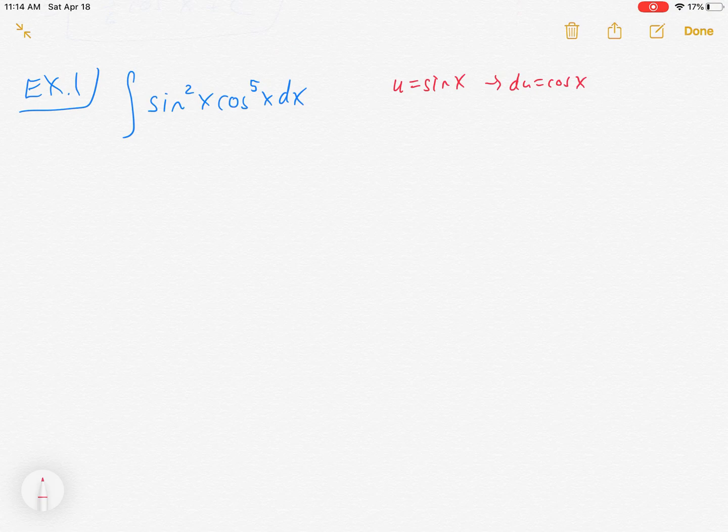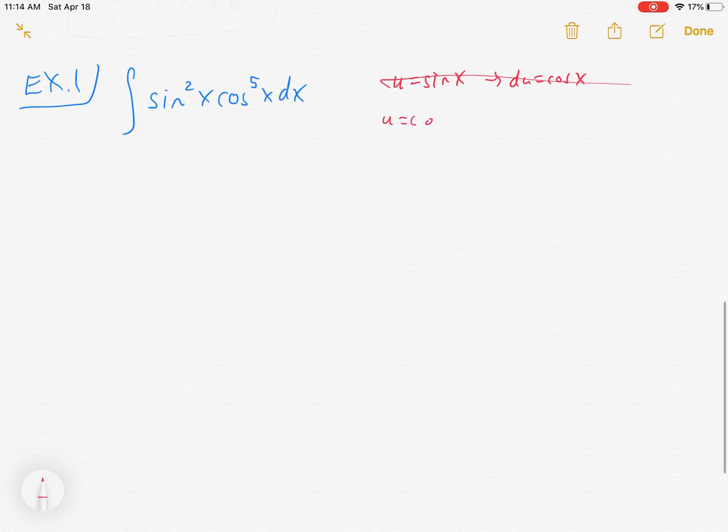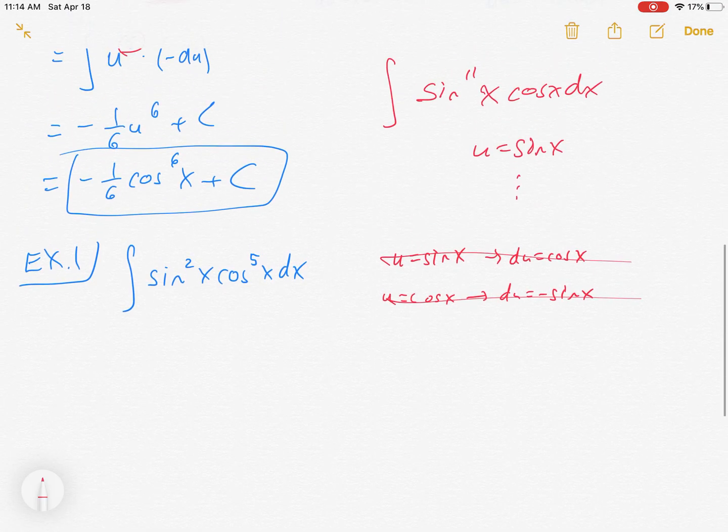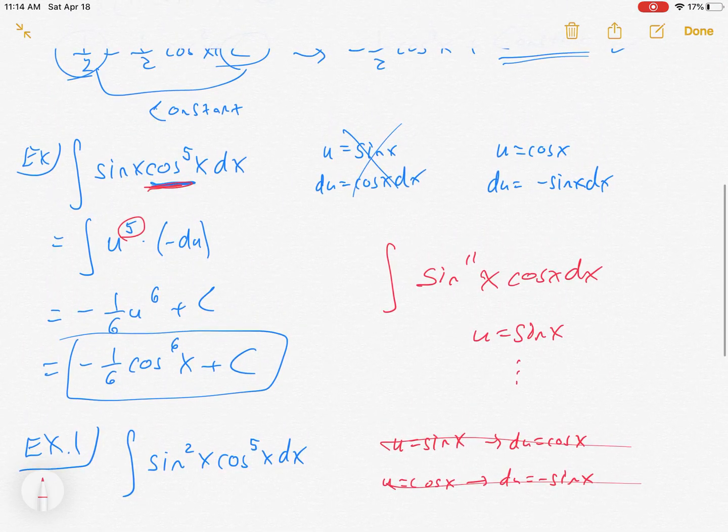What if u is sine x? Then du would be cosine x, but again, I'd have 4 extra cosines. No good. What if u were cosine x? Then du would be negative sine x, and I'd have 1 extra sine. No good. So we have to do something.